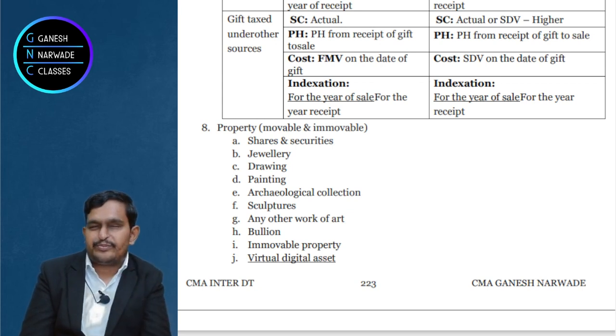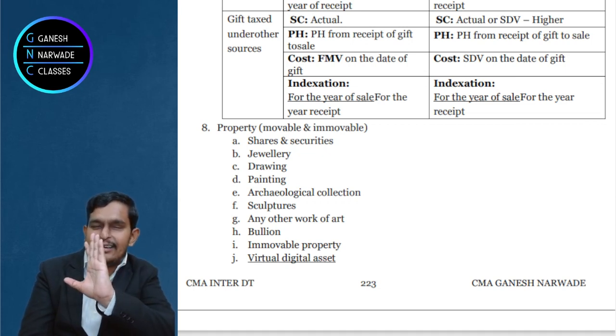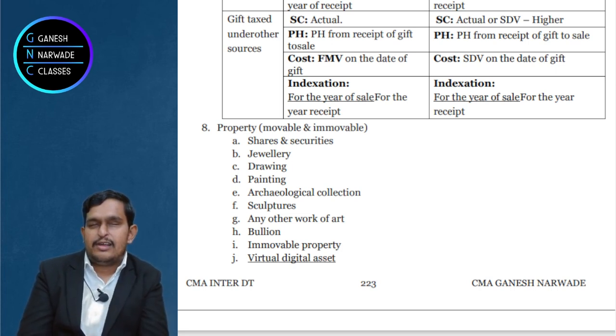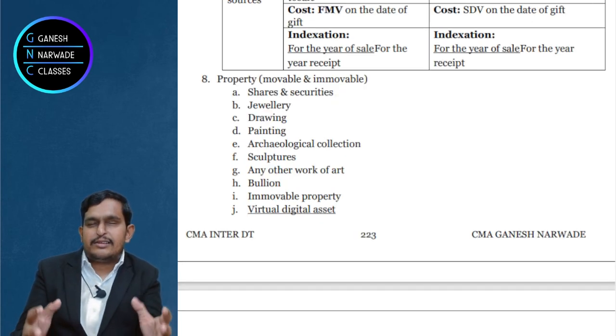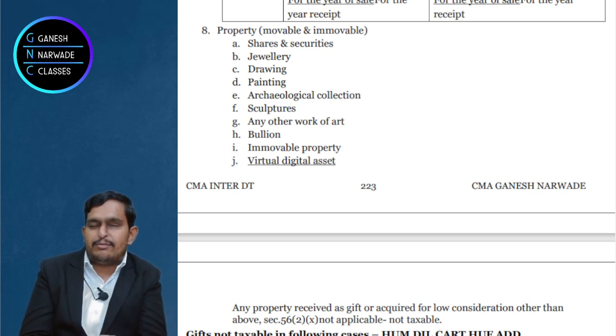Otherwise, no. Then indexation: index for the year of sale divided by index for the year in which you took the asset, right? The index will not change in any case; it will be the same. The index will never be for the previous owner. To decide whether the asset is long term or short term, the previous owner's period is considered sometimes.